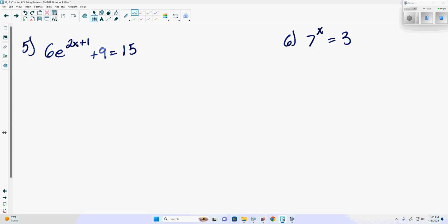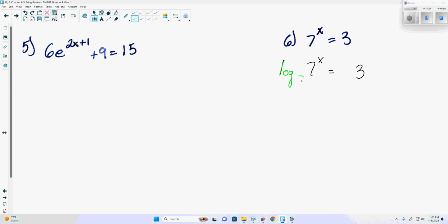If we look at 6, we have 7 to the x is equal to 3, yes? Well, our term with the variable and the exponent by itself is 7 to the x, yes? So what do I need to apply to both sides to get the x, the exponent? Just log. Base? 10.